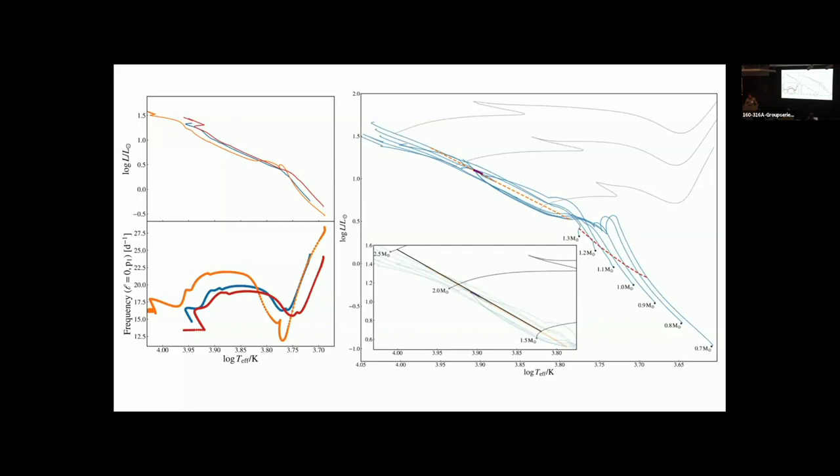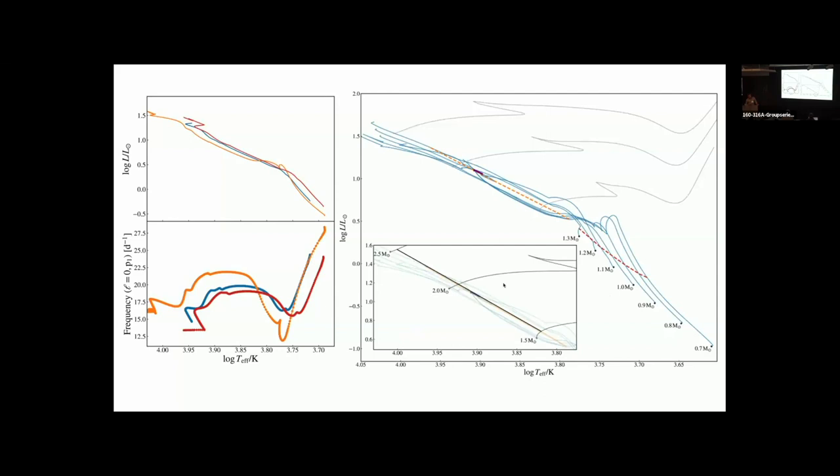But what we actually have here is a reversal of the evolution, in fact giving us a few crossings of observed frequencies during the main sequence phase. So how does it look on the HR diagram?